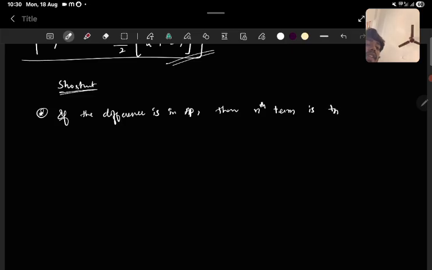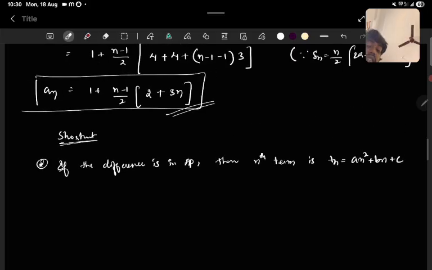You can take it as Tn is equal to an square plus bn plus c. If you observe, this actually gives you a quadratic equation. Understood? This is actually giving you quadratic equations, but the constants are differing. Whatever the a, b part is there, that is actually differing, but it is still a quadratic equation.